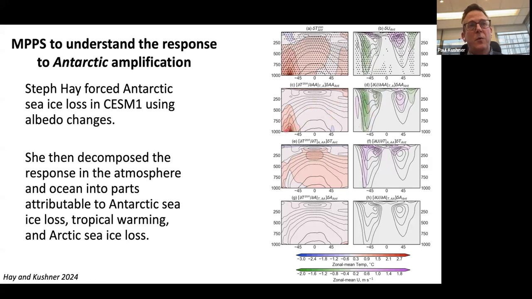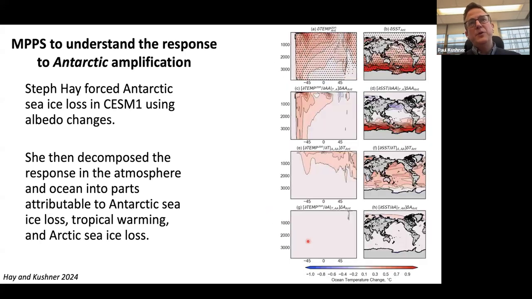Right, so this attributes the local warming and the weakening of the jet to the sea ice change. A part that's associated with the tropical warming induced from the sea ice change. Okay, and that gives you this increased lapse rate, and a bit of a counteracting signal. And there's even a little bit that's attributed to the Arctic response to this Antarctic warming. And we can push it farther.